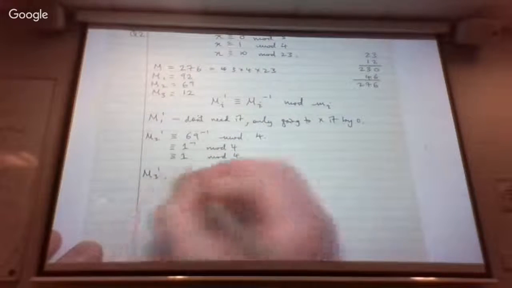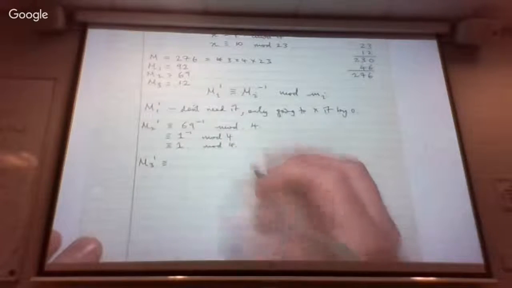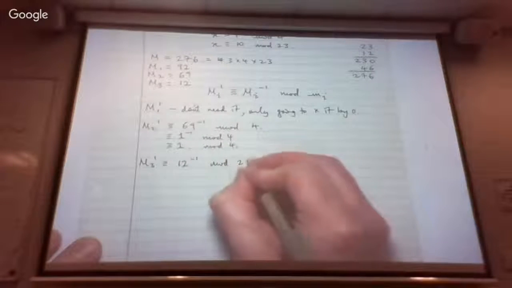M3 prime is the inverse of M3 modulo little m3. So the inverse of 12 modulo 23. Twelve was already reduced modulo 23, and its inverse is 2.